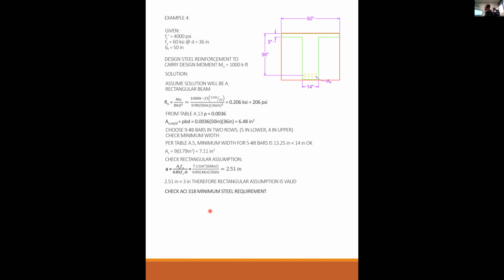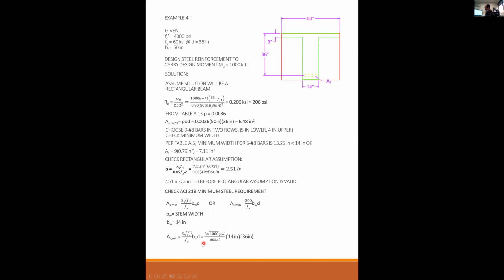So I need to do my minimum steel requirement, which is 3 square root f'c over Fy times bwd, or 200 over Fy times bwd. So bw is equal to the stem width, which is 14 inches.